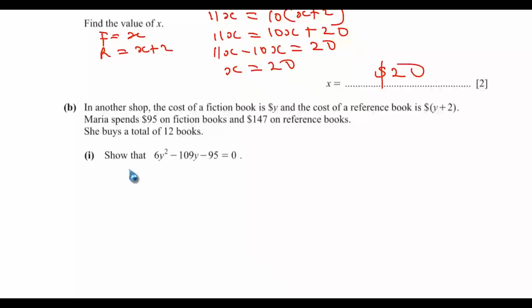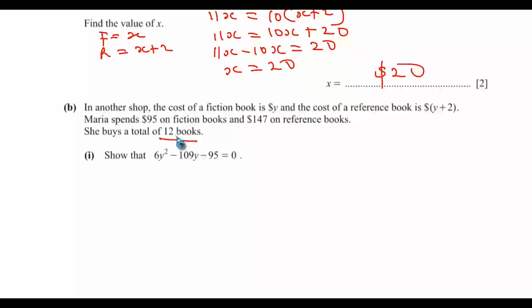So what you can do here, from this statement, she buys a total of 12 books, okay? So we need to get the number of fiction books she bought at the shop, as well as the number of reference books. Then we add them to 12 because they add up to 12.